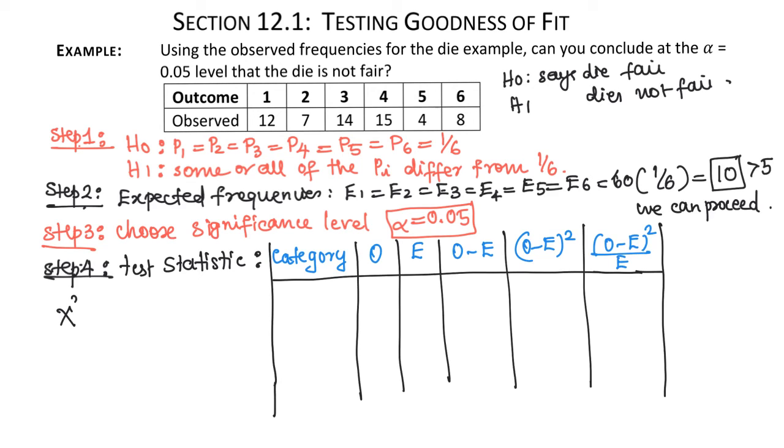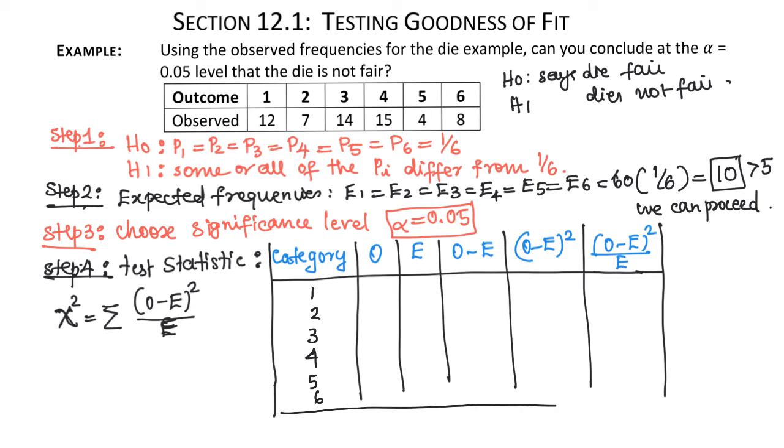The test statistic chi-square equals sigma of O minus E squared divided by E. The categories are 1, 2, 3, 4, 5, 6, and the observed frequencies are 12, 7, 14, 15, 4 and 8. The expected frequency is 10 in each category.